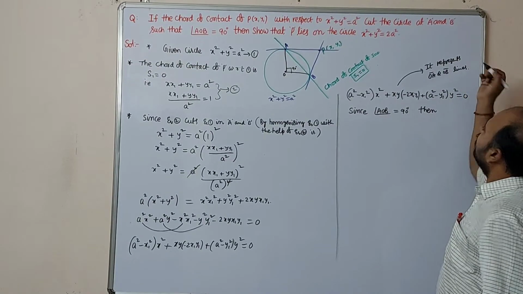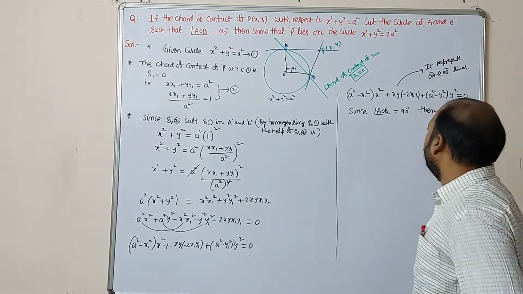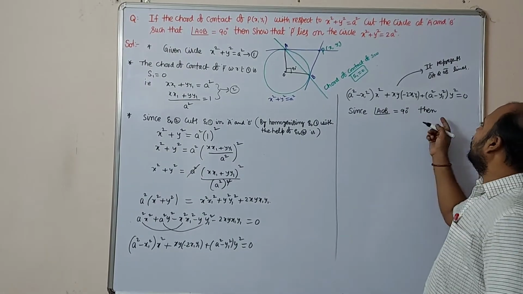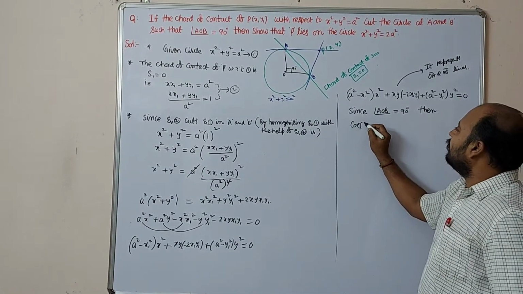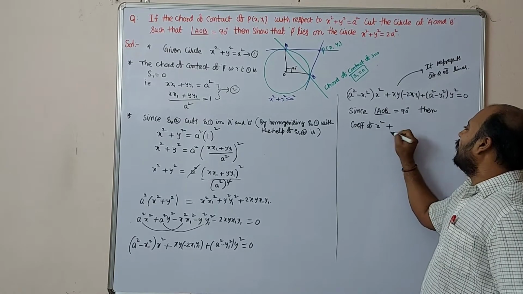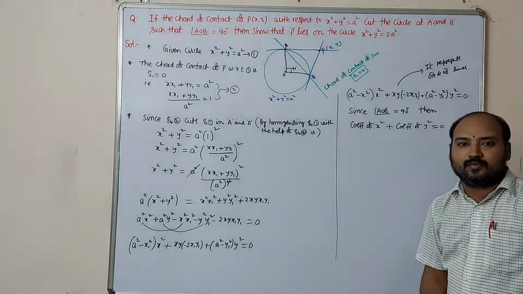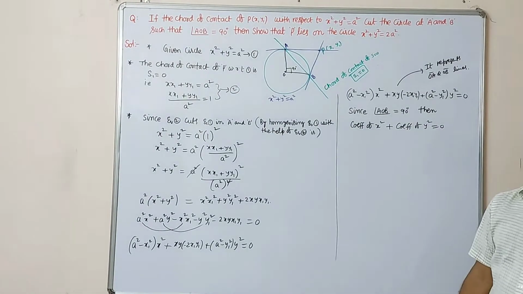That means a combination of lines, a pair of lines. To understand, we write it. Not compulsory to write. So since angle AOB is 90 degrees, the coefficient of x square plus the coefficient of y square is equal to 0.